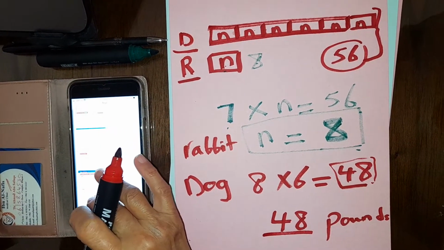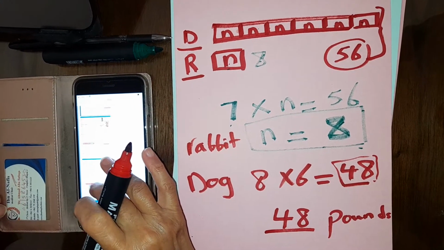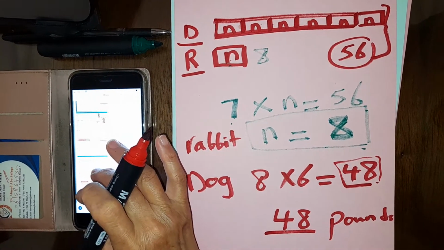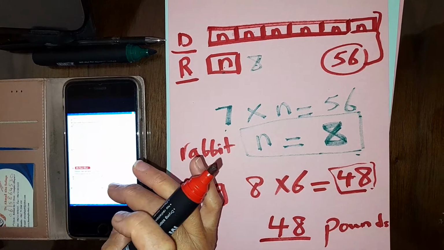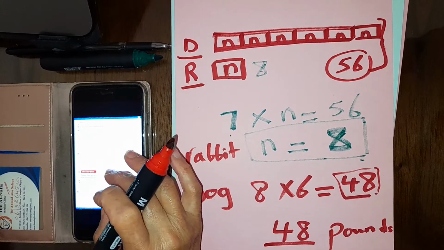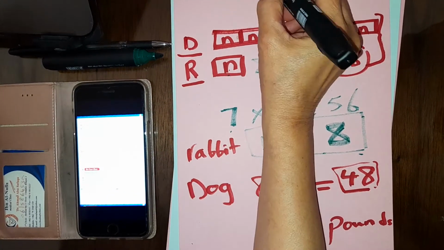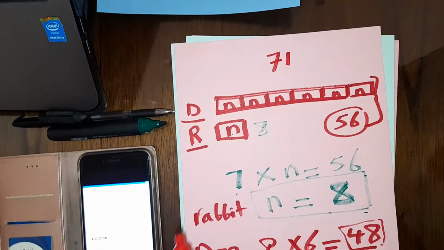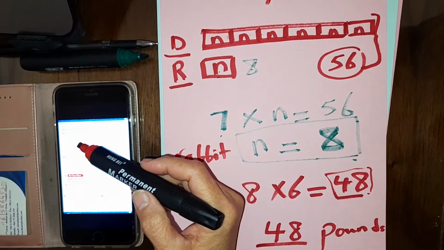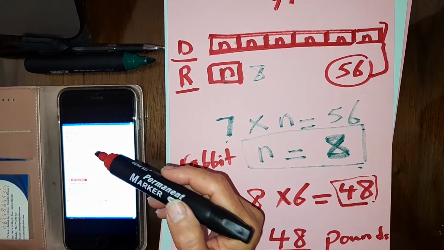I don't know if I have the same page as you. Yes, they said draw a model. This page is 71, okay? They said for you, draw a model, write an equation and solve.